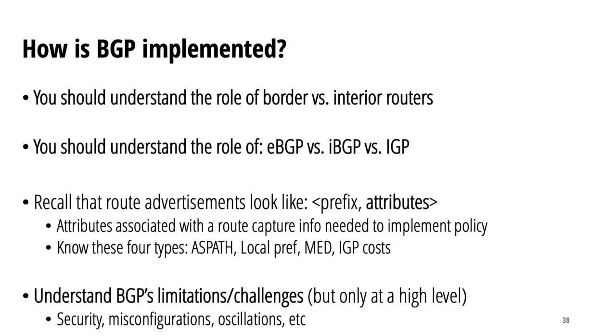You should have, at least at a high level, some sense of BGP's limitations and security issues. Not expecting you to know this in any great detail, but just have a sense of, for example, BGP may not pick a path that is the most optimal in terms of path length, right? Because it's prioritizing policy over performance. So at that level, you should have a sense of BGP's limitations. Any questions here before I move on?